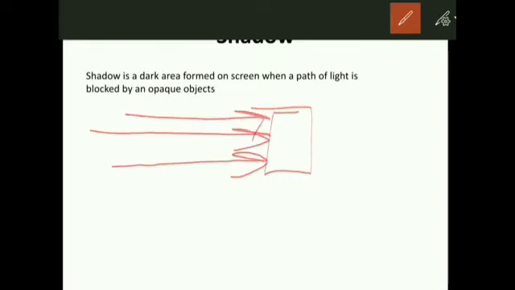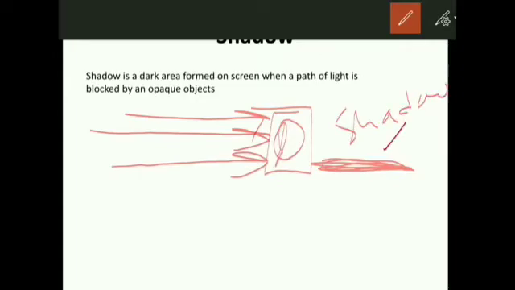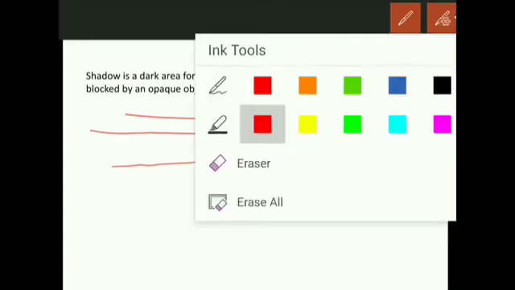If this light strikes this opaque object, a dark region will be formed on the screen or the ground. This dark region is called shadow.